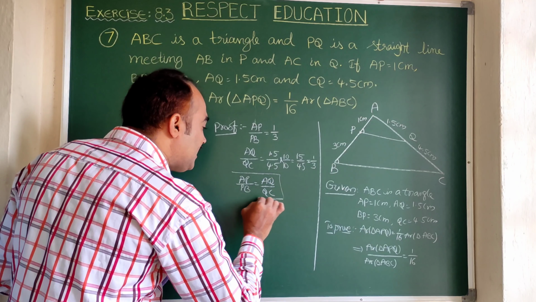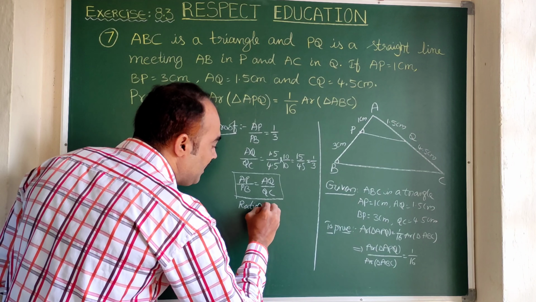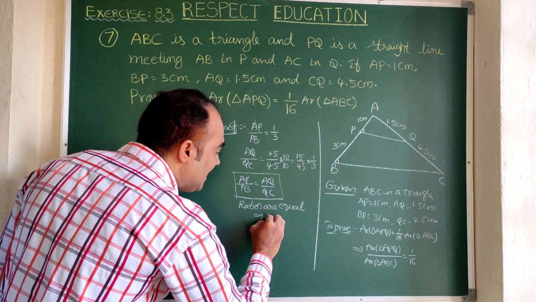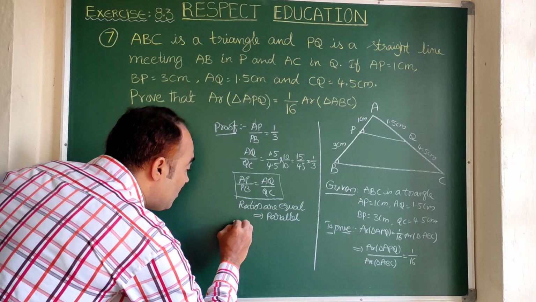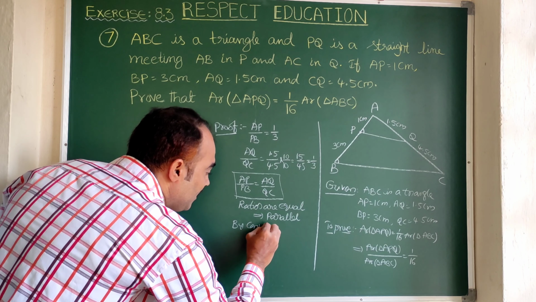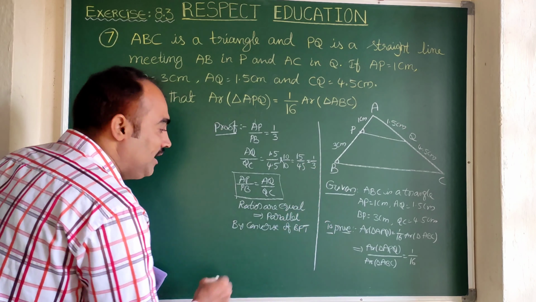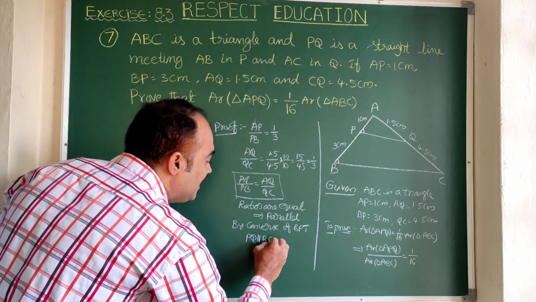When the ratios are equal, then we can say the lines are parallel by the converse of the basic proportionality theorem. So we can say that PQ is parallel to BC.